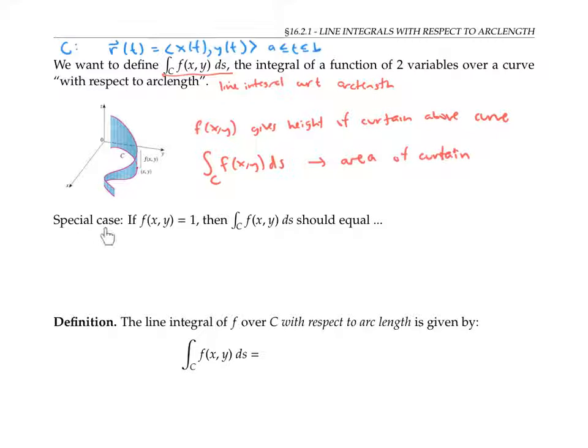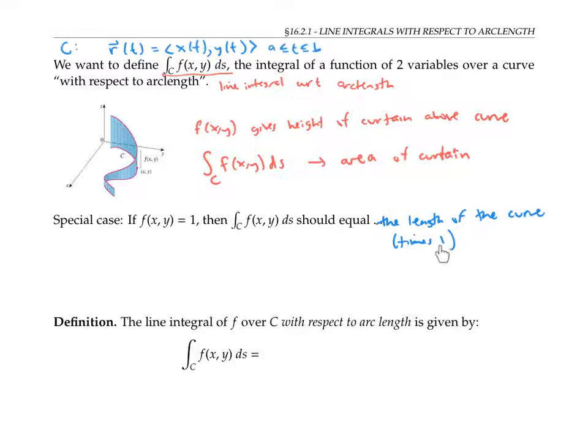Let's consider this special case first. If the function is always 1, so the curtain has constant height of 1, then this line integral, representing the area of the curtain, should be exactly equal to just the length of the curve times that constant height of 1.